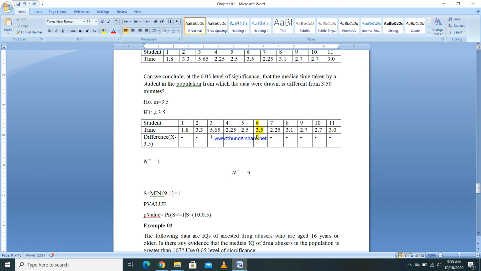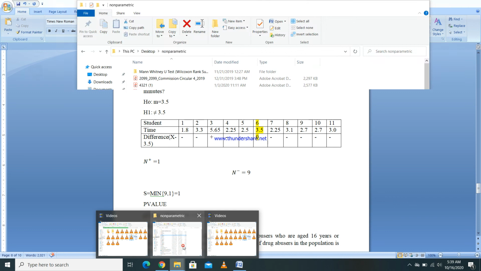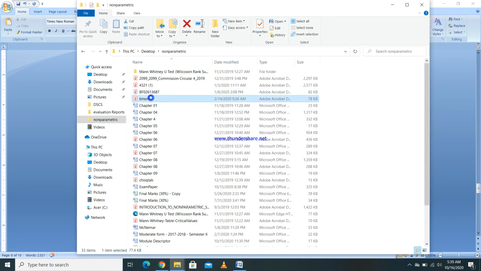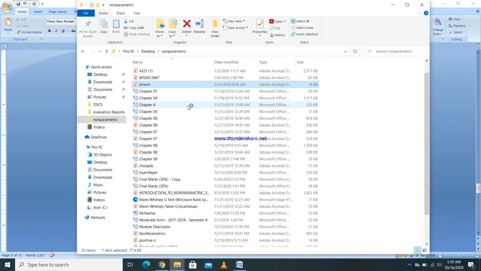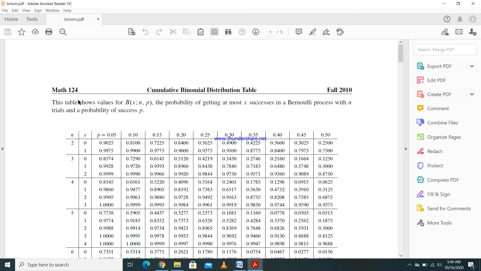So now we have to read the value. Since it's having a binomial distribution, this is where you have to read the binomial table. The binomial table is also uploaded for you, right? So I will show you the table of the binomial distribution. Now this is the binomial distribution.